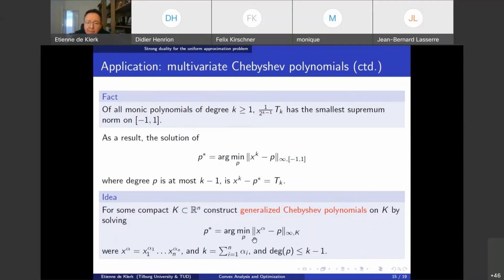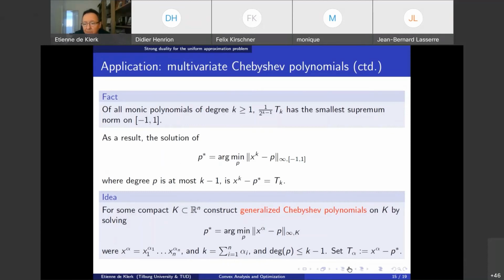In some sense, the answer should correspond to a Chebyshev polynomial, at least in the univariate case. If we do this in the univariate case, the whole argument inside will be a constant multiple of the Chebyshev polynomial. So if we do it in the multivariate case, we get some generalization of the Chebyshev polynomials.